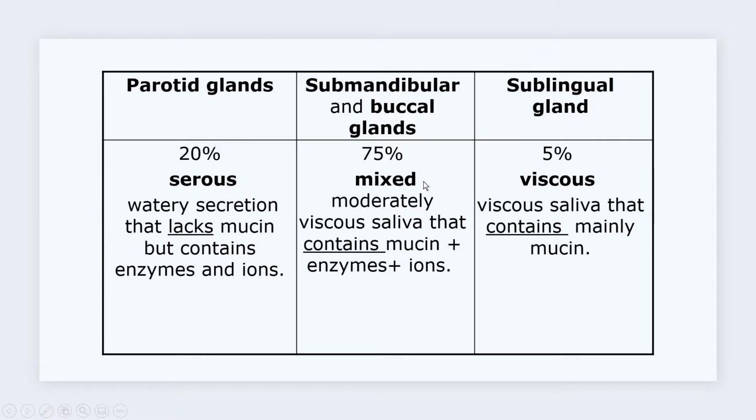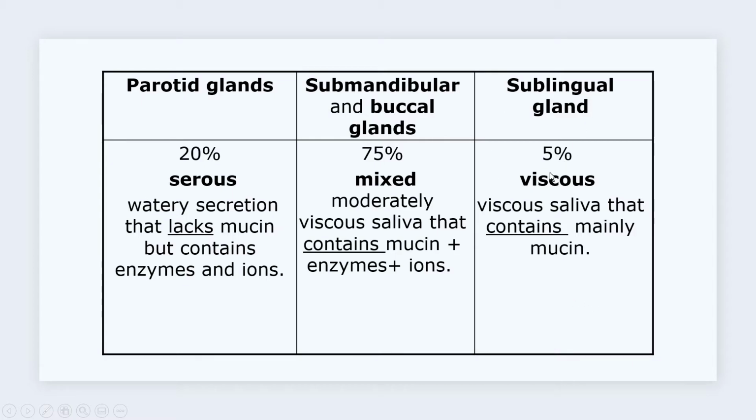So it is a mixed type of secretion, and it is moderately viscous saliva that contains mucin, enzymes and ions. So basically, the thickness of the saliva is under the control of the mucin. If mucin is present in the saliva, of course it becomes viscous. If its amount is less, then it is moderately viscous.